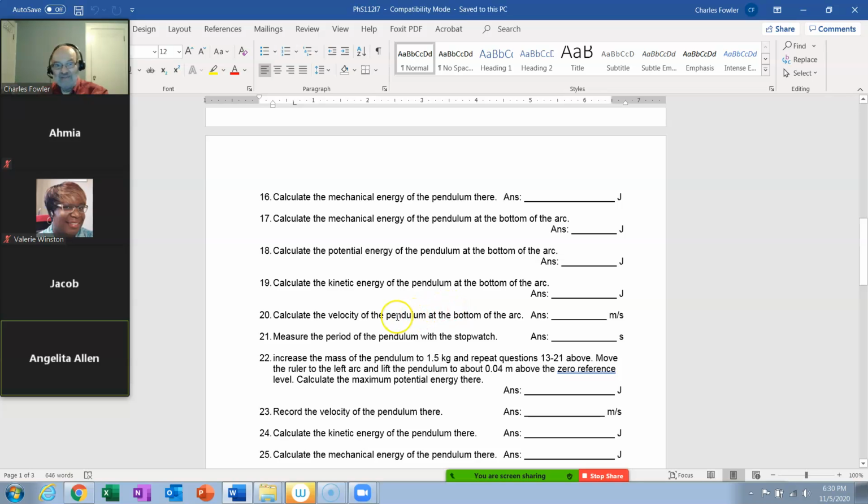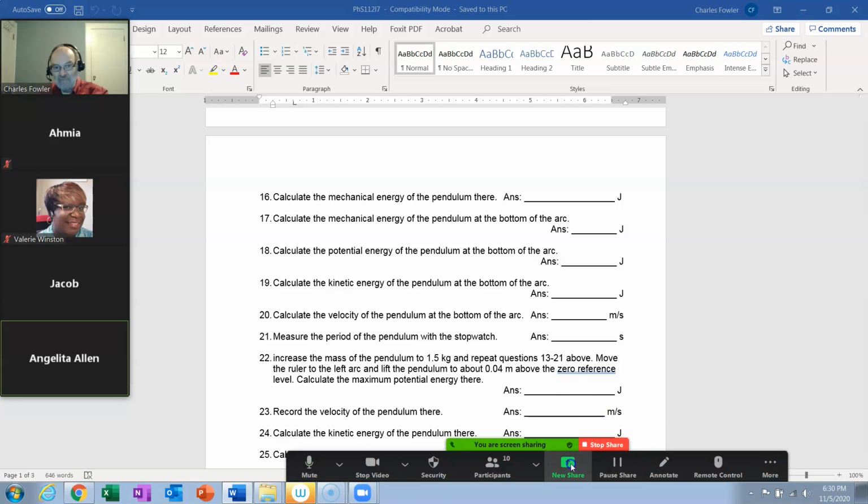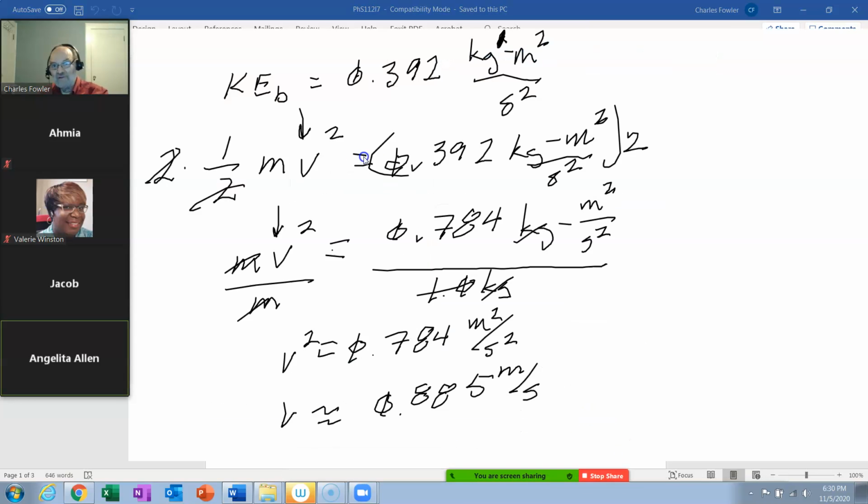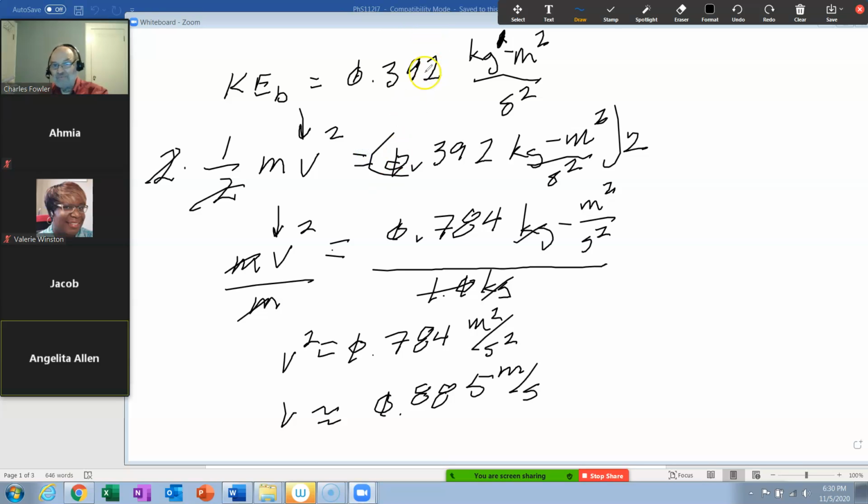Okay, and then do the same calculations we did before on the whiteboard, and it was the same thing. Kinetic energy at the bottom was 0.392. That's 1/2 mv squared. Double that, you get 0.784.